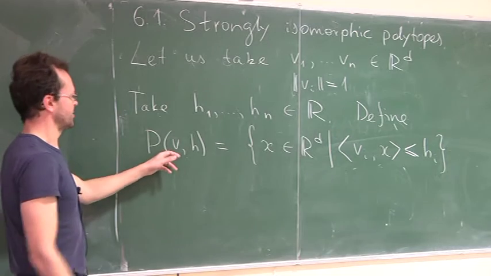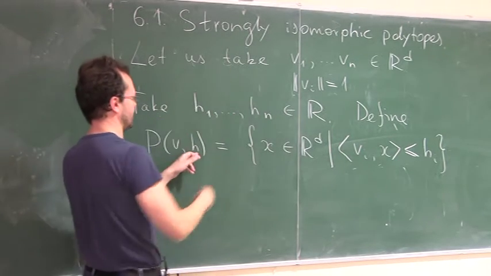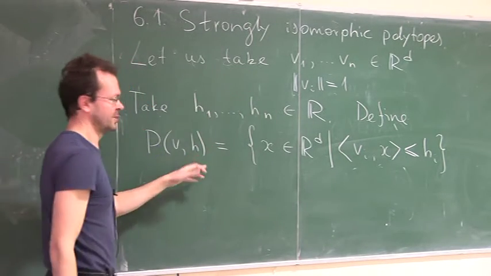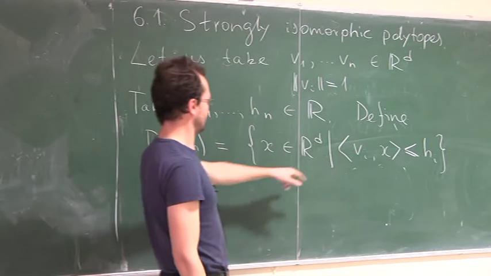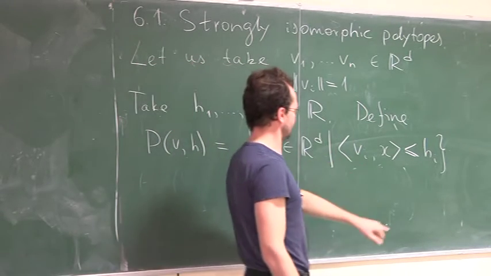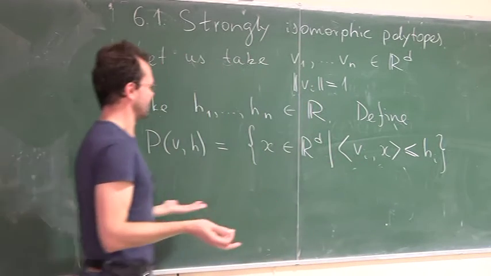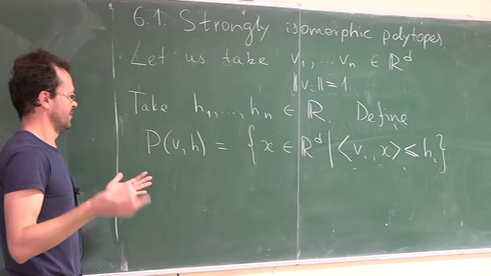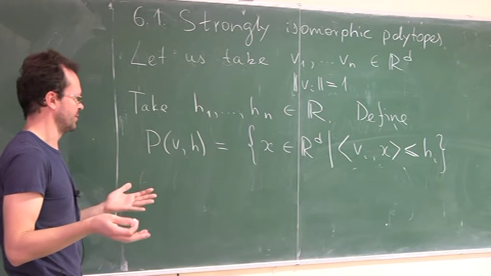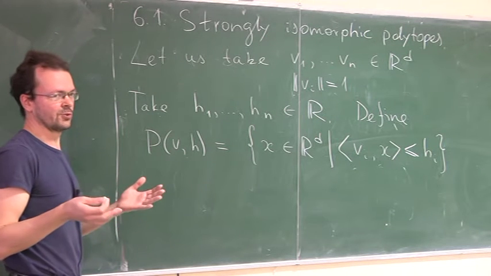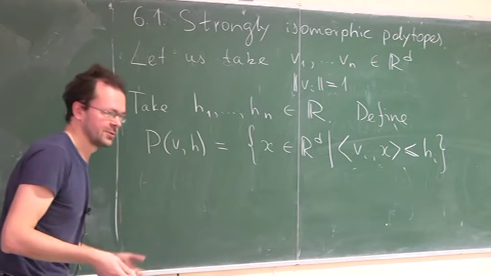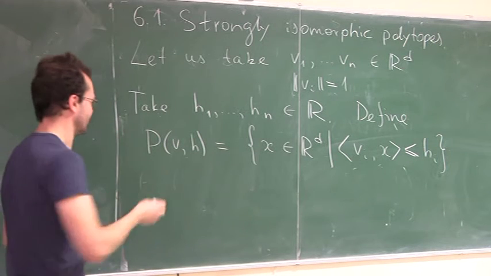So here V stands for the whole collection of Vi's, H stands for the whole collection of Hi's. So this set depends on V and H. Vi is here, Hi is there. So what is this set? This is a solution set of a system of linear inequalities. Geometrically, this is the intersection of finitely many half spaces. So that's a convex polyhedron.